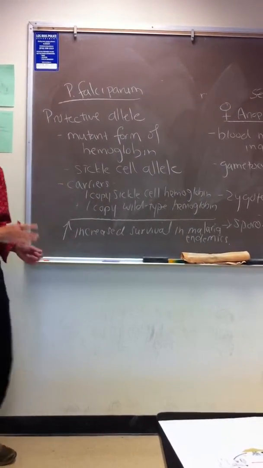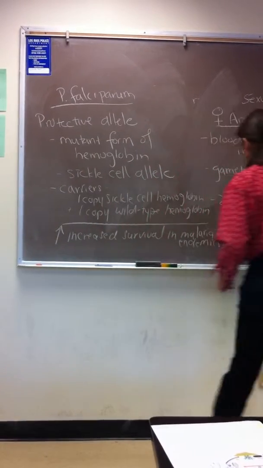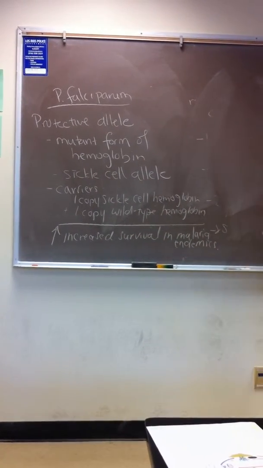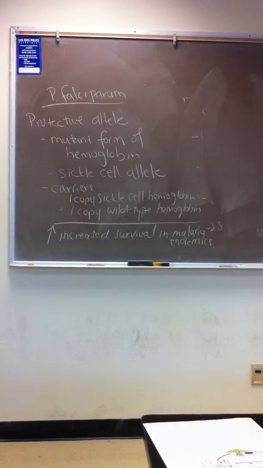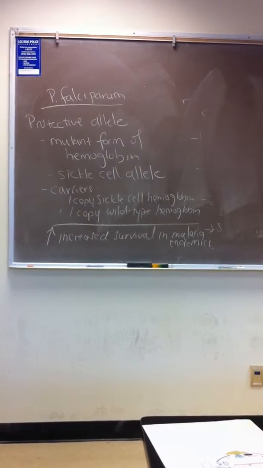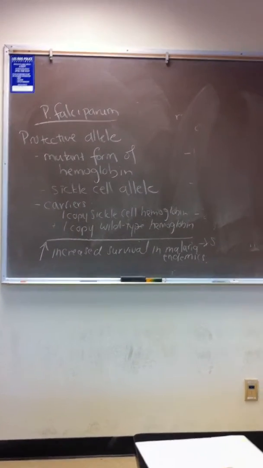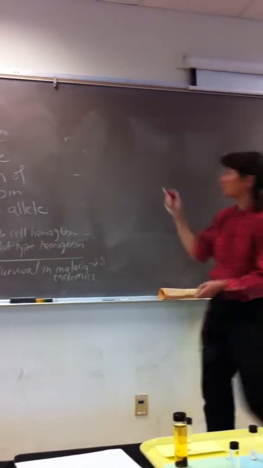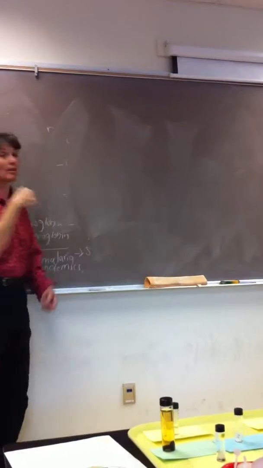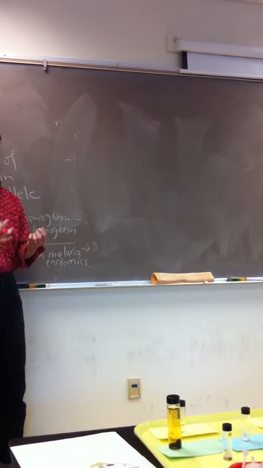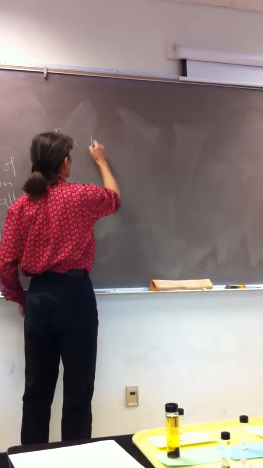Now the heartbreak though is, let's say both mom and dad are carriers, and let's say they conceive a child, and the child receives a copy of the sickle cell allele from both mom and dad. This is trouble.